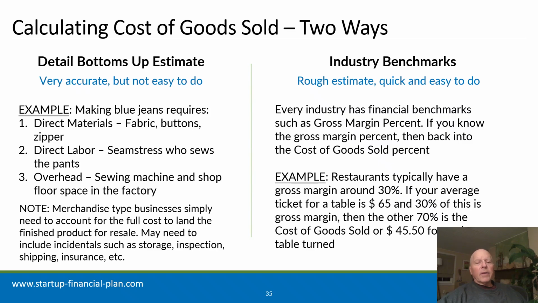By the way, every business has a 6-digit code that describes what that business's industry is. Some people will call it the NAICS code, the North American Industry Classification System number. If you know what your NAICS 6-digit code is, that's the industry you need to zero in on for your benchmark data.